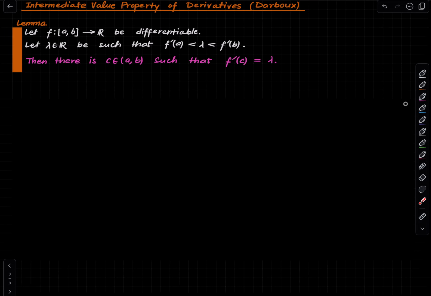What is it? So suppose f is a differentiable function. And when we say f is differentiable, of course, on the left end point, we mean it is right differentiable because there is no such thing as the left derivative at this point. The function is not defined towards the left side of this point, so there is no question of the left derivative.